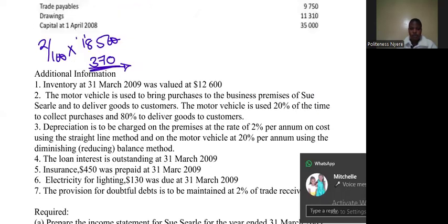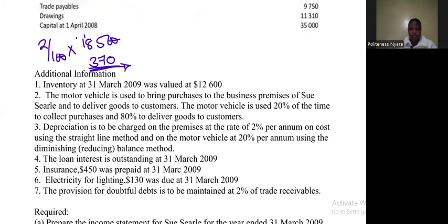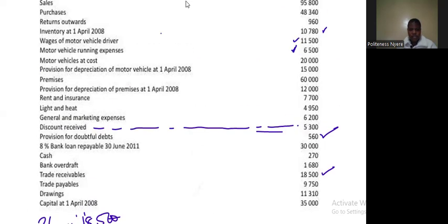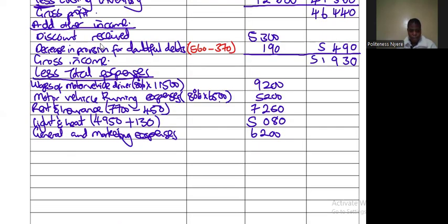Then let's move on to the next one. The last one that we would want to write is the depreciation.